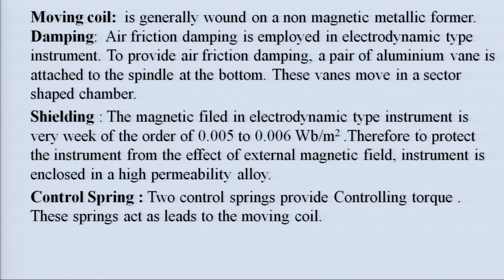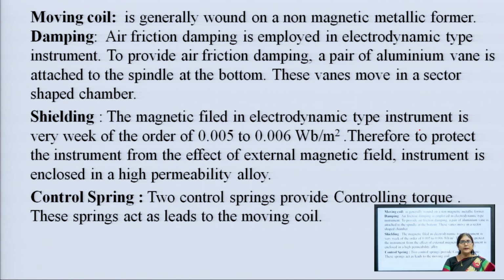Now, the moving coil is generally wound on a non-magnetic metallic frame. Then, damping. When there is a deflection torque, due to it the needle moves. When the needle moves, before it stops it will vibrate, so to stabilize the needle position and stop this vibration, we need a damping technique.